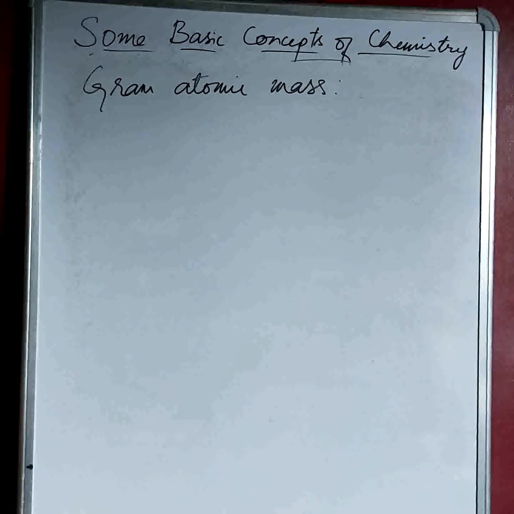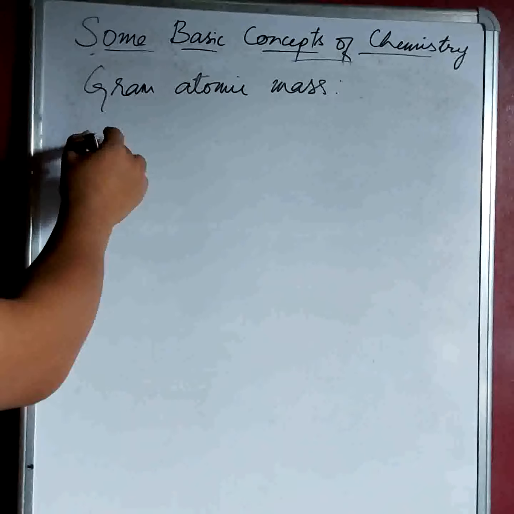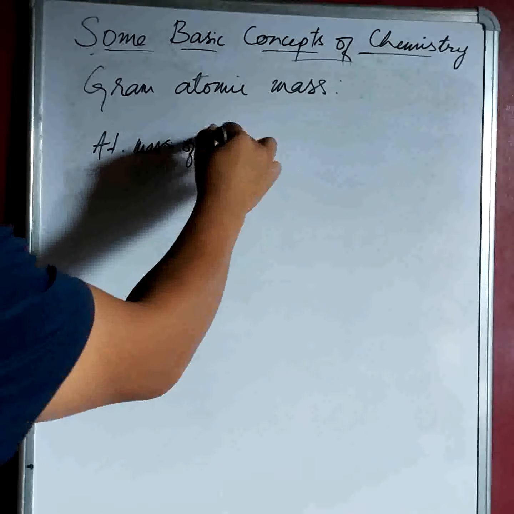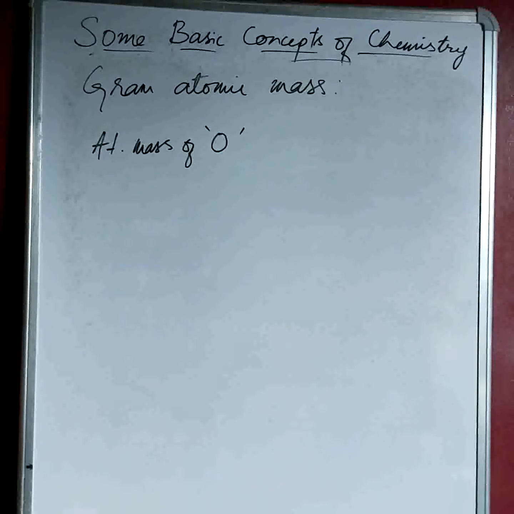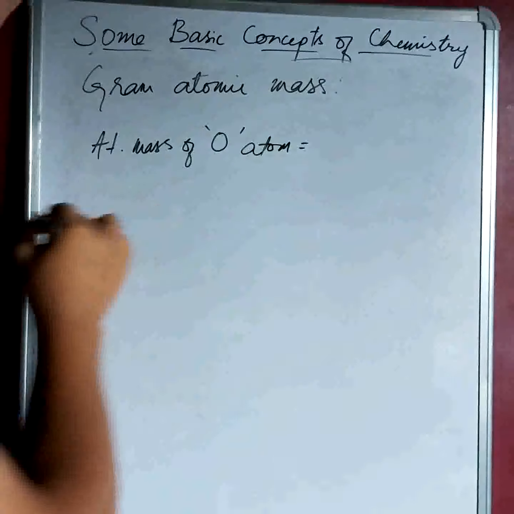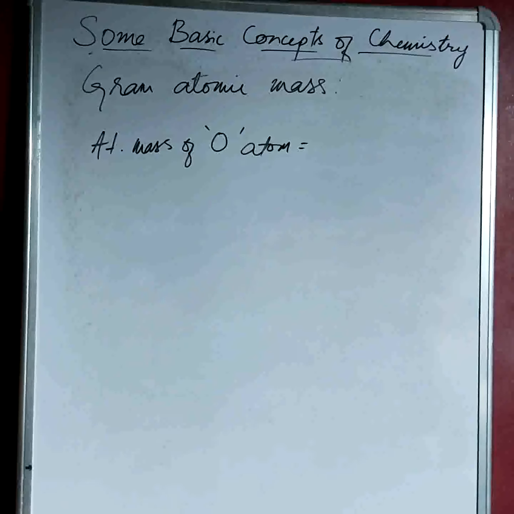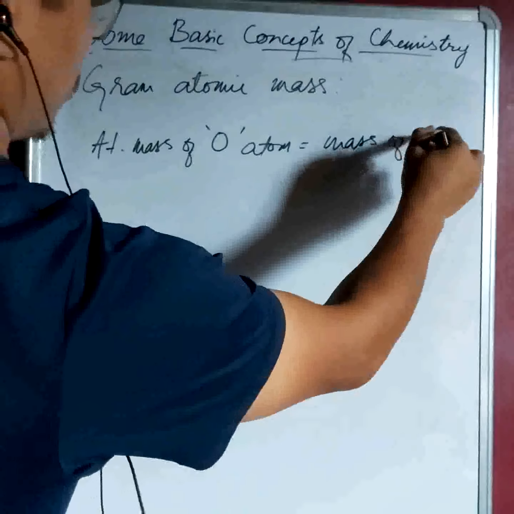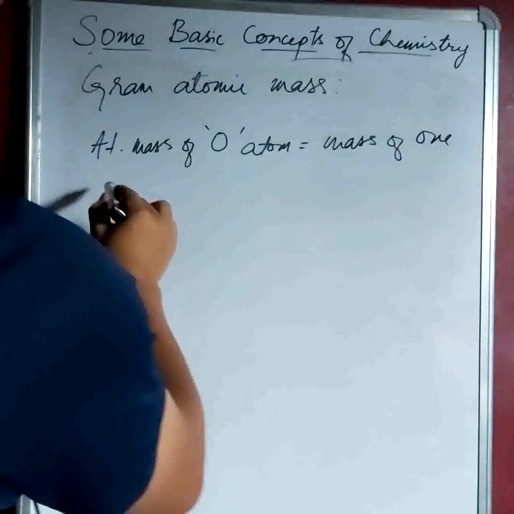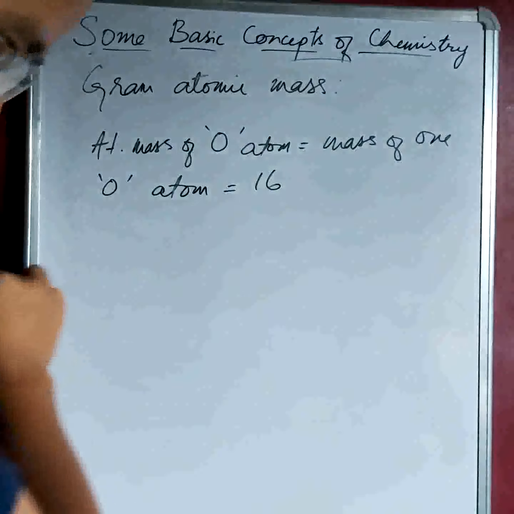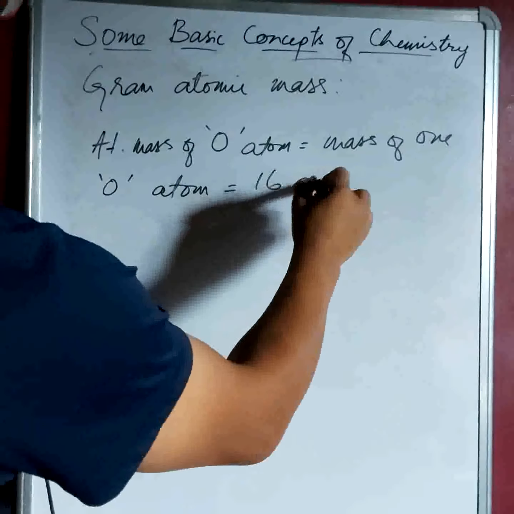The atomic mass of oxygen is equal to the mass of one oxygen atom, which is equal to 16 atomic mass unit.